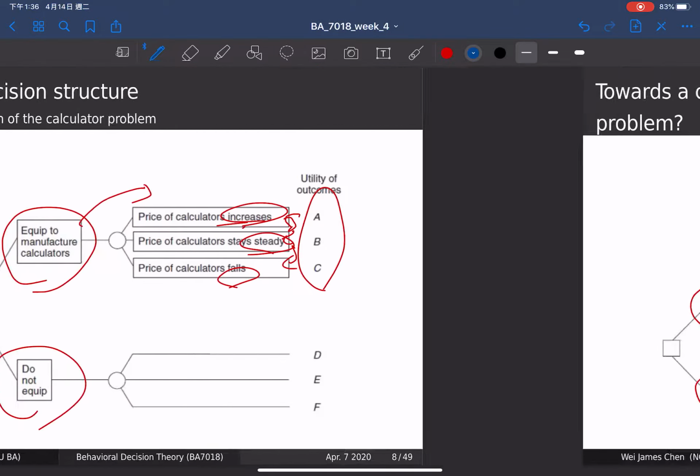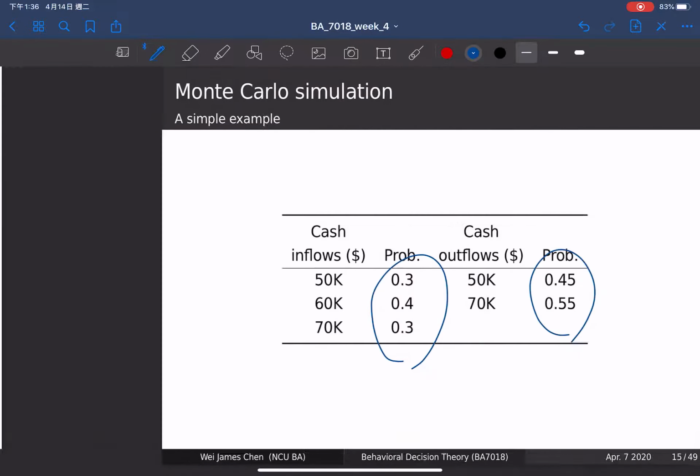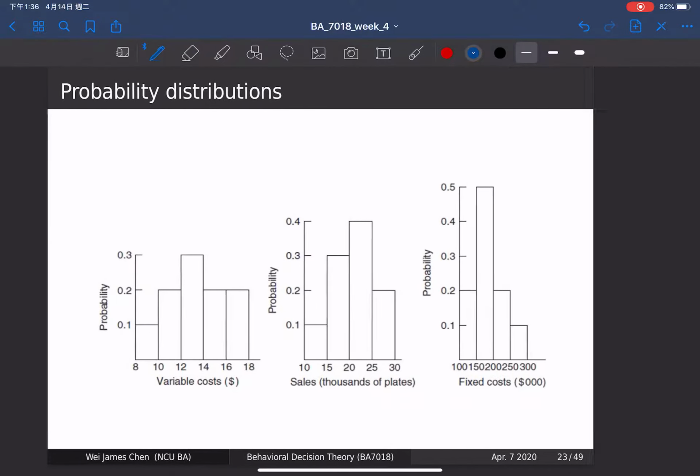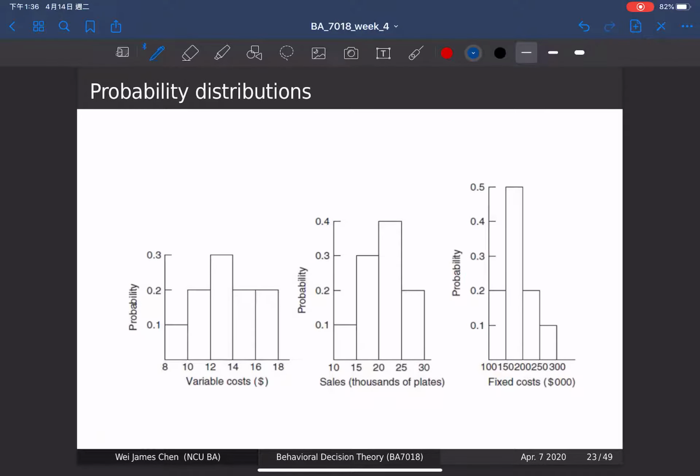Yeah, okay, so the probability distribution can also be continuous, like this. But even in that case, because it's continuous, we can't really run a simulation based on a continuous distribution.